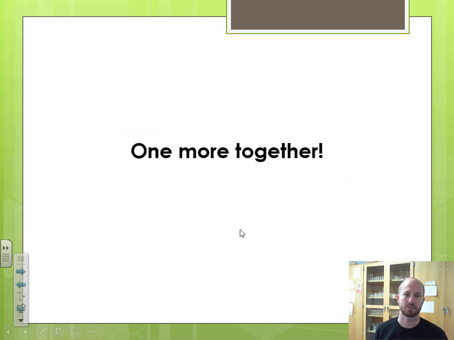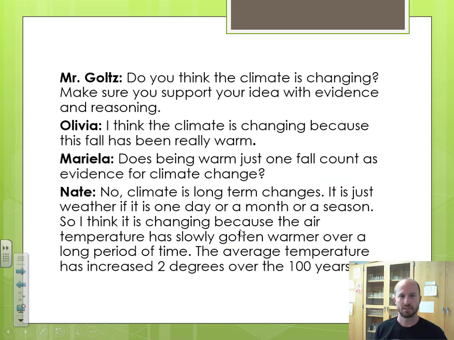Okay, let's do one last one. I say, do you think that the climate is changing? Make sure you support your idea with evidence and reasoning. And Olivia says, I think the climate is changing because this fall has been really warm. But Mariella says, does being warm just one fall count as evidence for climate change? Well, Nate chimes in and says, no, climate is long-term changes.